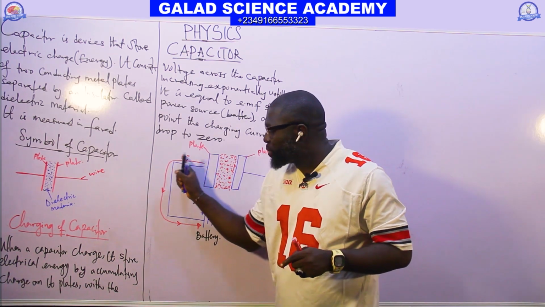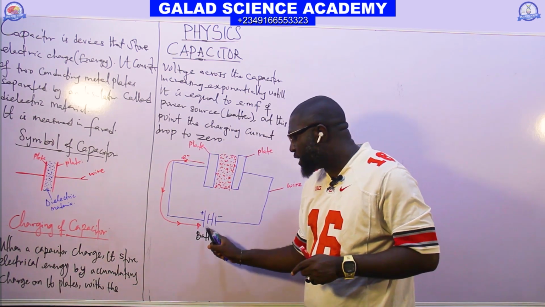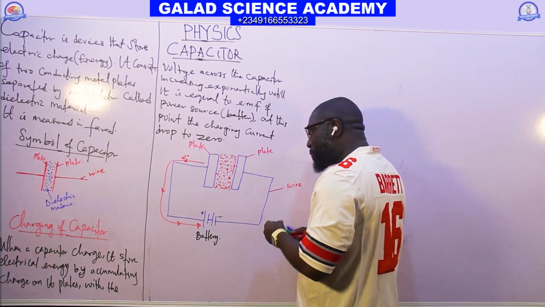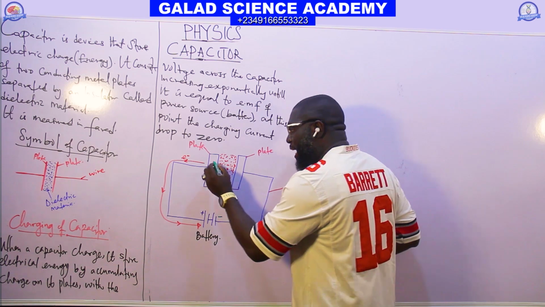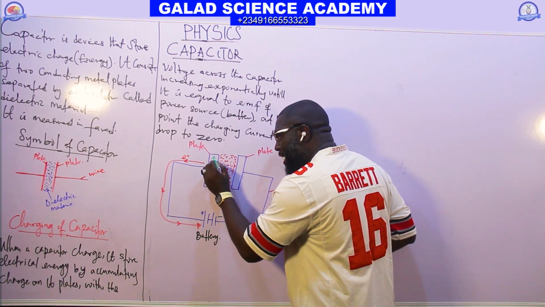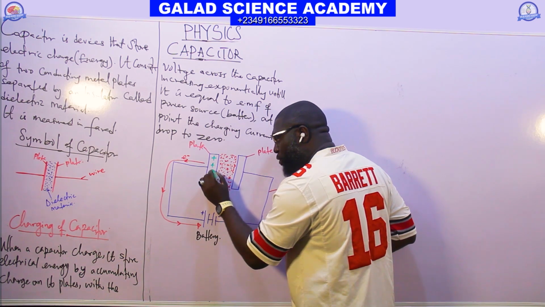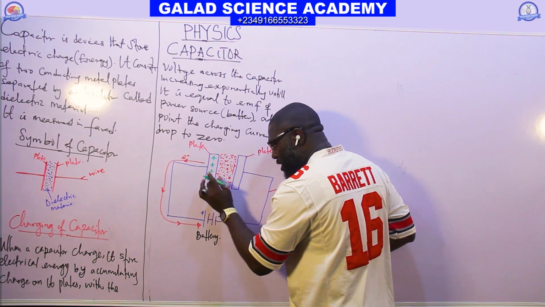So when electrons leave the plate and move into the battery, this plate will experience a positive charge.